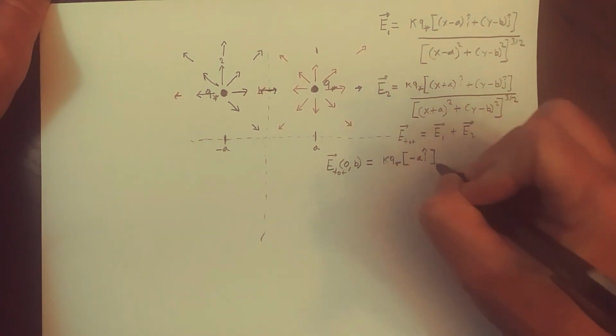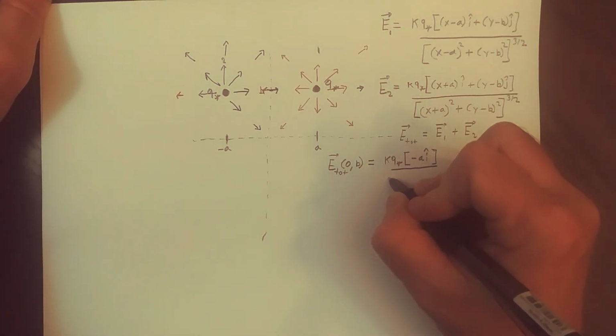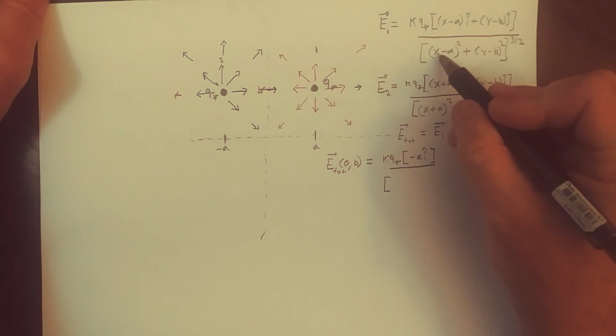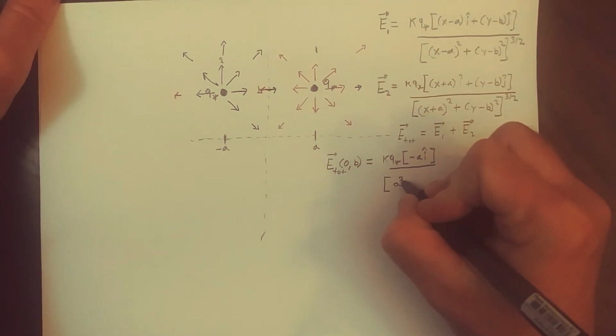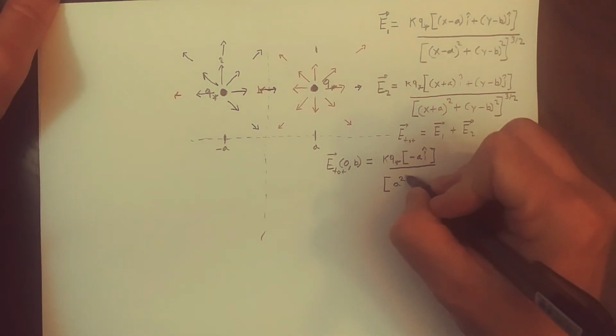So we only have a term like that. And in the denominator we have 0 minus a squared, that's the same thing as a squared, plus b minus b is 0, so we have a squared to the 3/2.